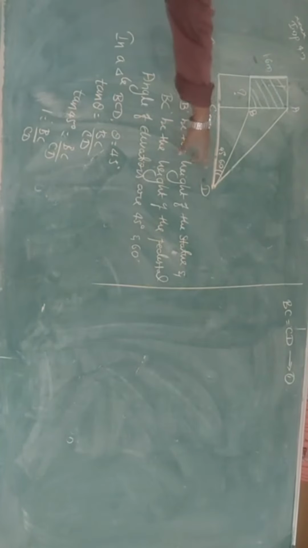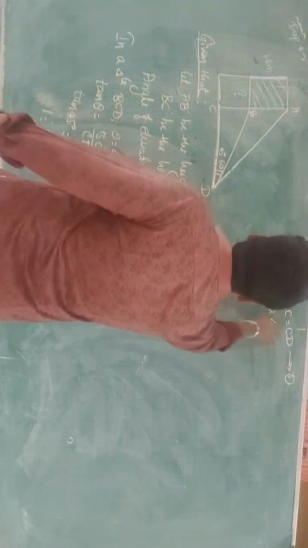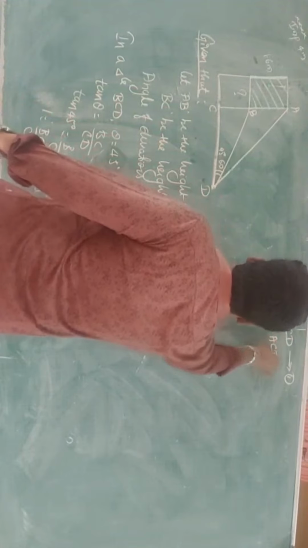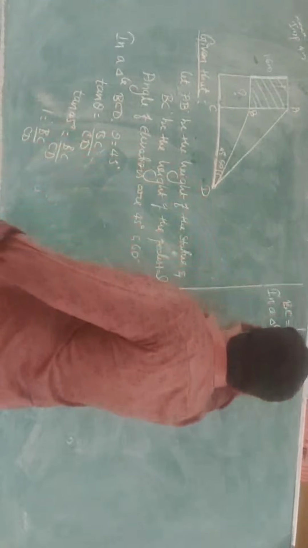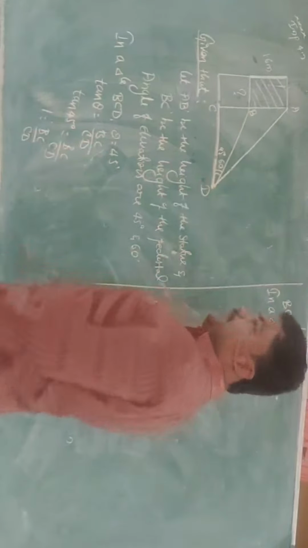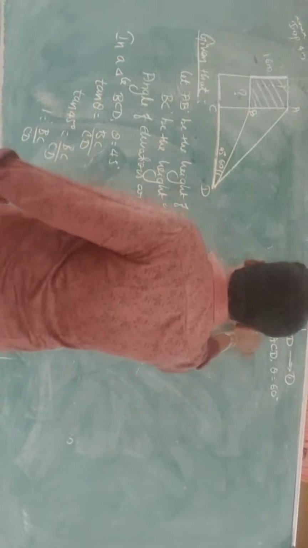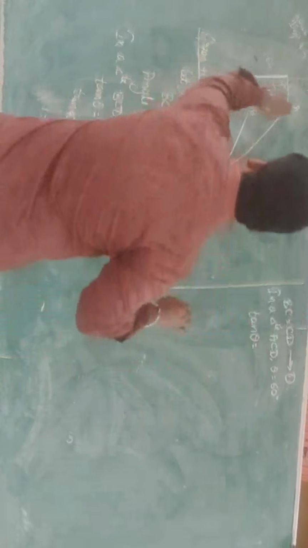In triangle ACD, theta is 60 degrees. The angle of elevation is 60 degrees. So tan theta is equal to opposite upon adjacent, AC upon CD.